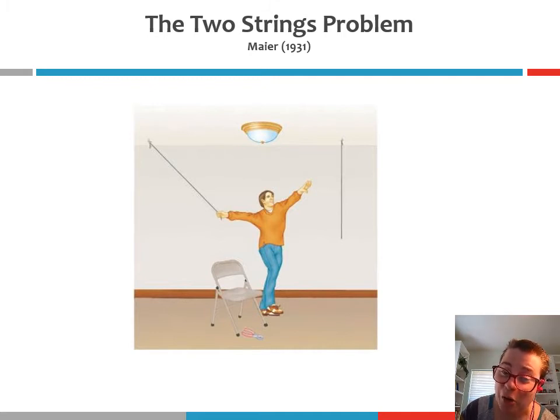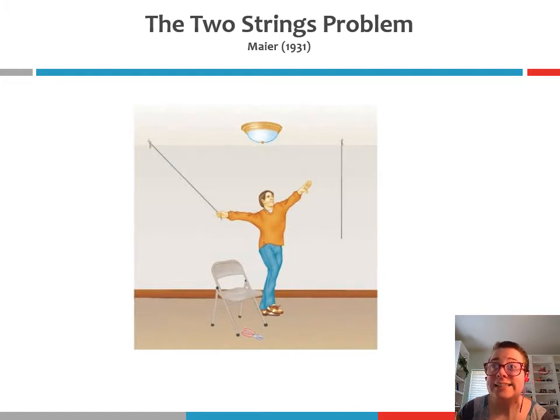So how do you solve this problem? Well, to solve this problem, participants need to tie the pliers to one of the strings and create a pendulum, which can then be used to swing the other string within the person's reach, right? So two things are particularly significant about the two-string problem.